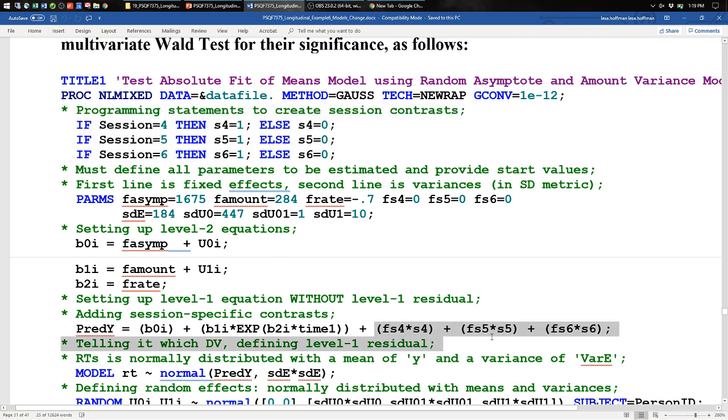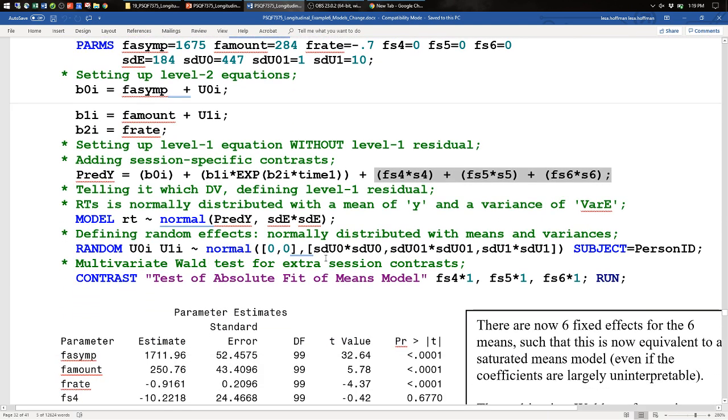I stuck them in my level 1 model directly. So I have 3 new fixed effects, 1 for each of my new dummy codes. And last but not least, a contrast, a multivariate Wald test, testing whether these 3 contrasts as a set are different than 0. So that's going to be an F.